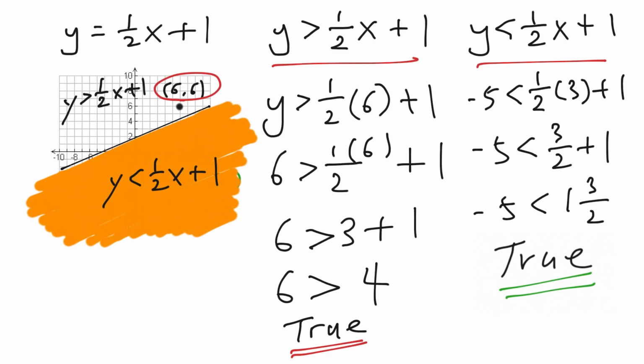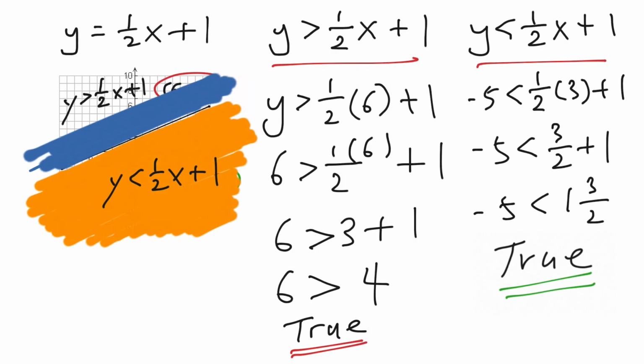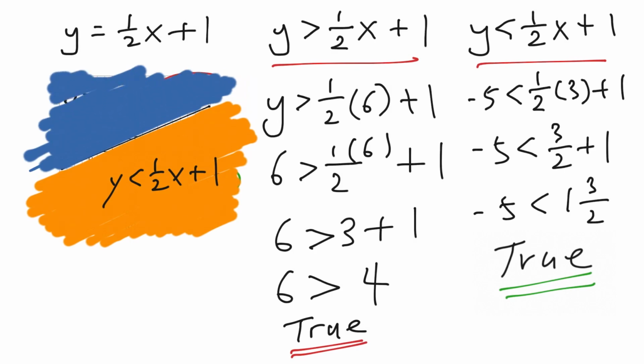Vice versa, if they were asking you to graph y greater than 1/2 x plus 1, then you want to go ahead and shade the top portion. And this portion will be y greater than 1/2 x plus 1.